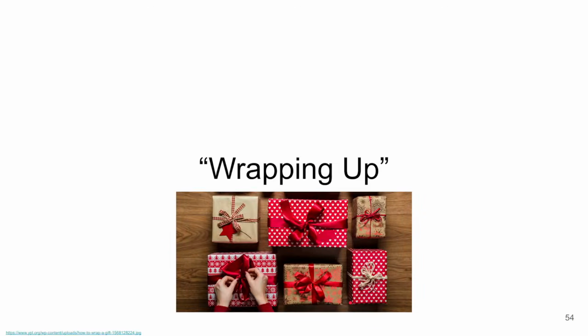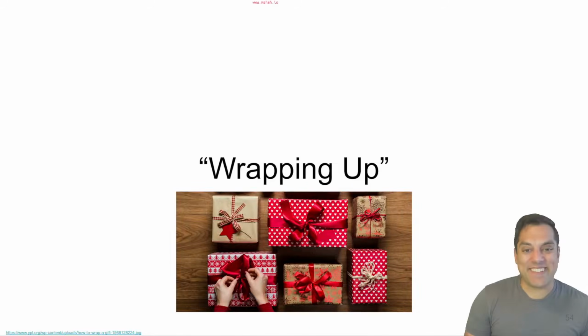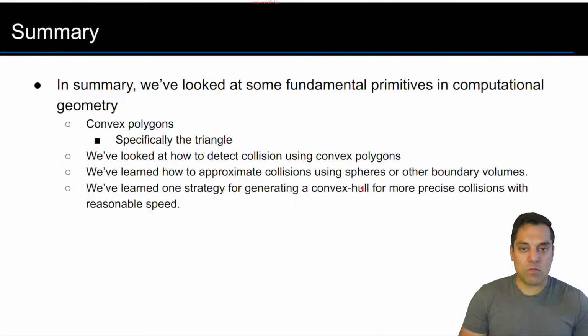All right. And let's go ahead and wrap things up here for this talk, because it's gone on quite long enough. But the idea is that we've looked at some fundamental primitives.